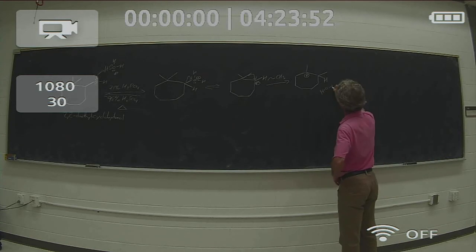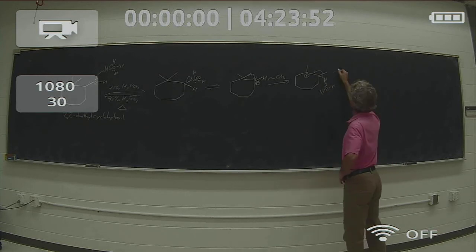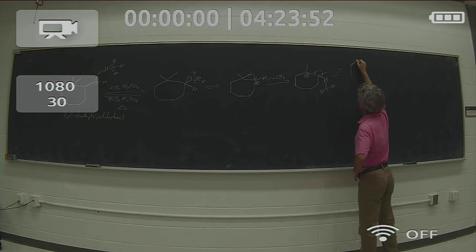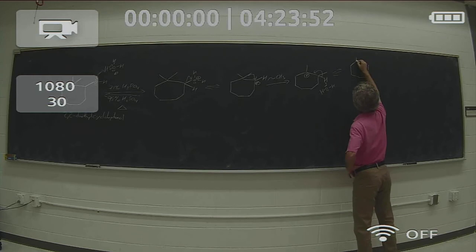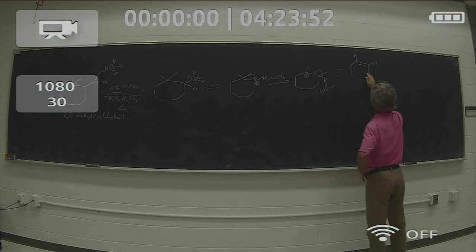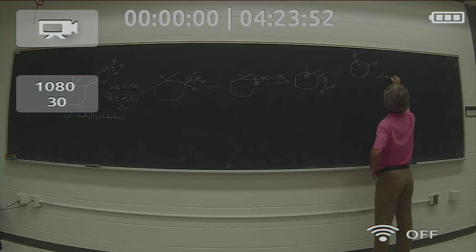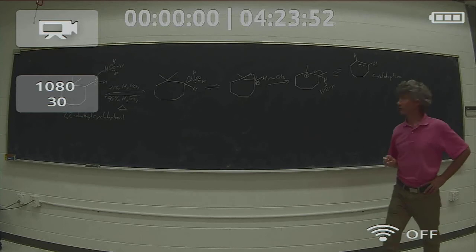And one possible way that that could eliminate would be to take the hydrogen off that just moved to generate a stable tetrasubstituted double bond, cyclohexene. But that's just one possible pathway.